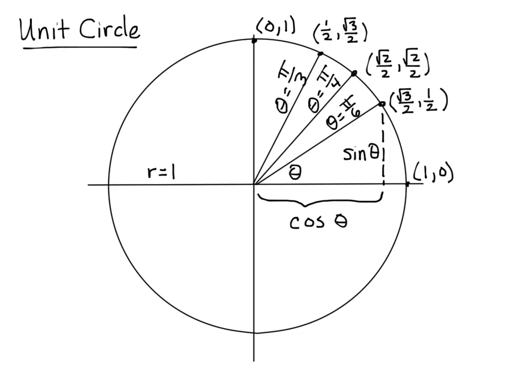So when we have this angle here on the unit circle, this is the x value, that's the cosine, because the cosine is defined as the adjacent over the hypotenuse. And so the adjacent side is always along the x-axis, because that's where we're starting from.